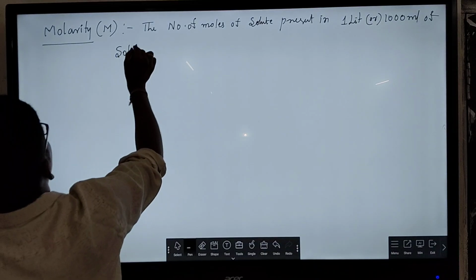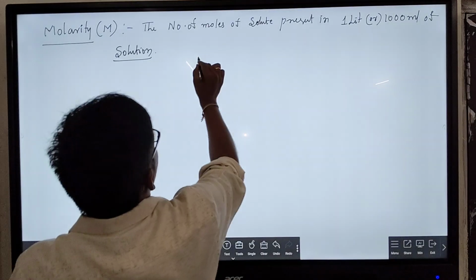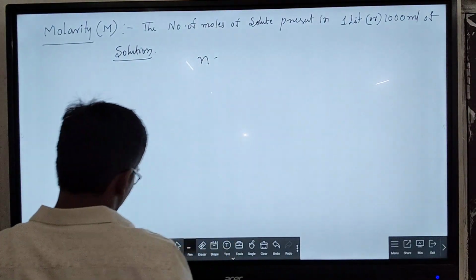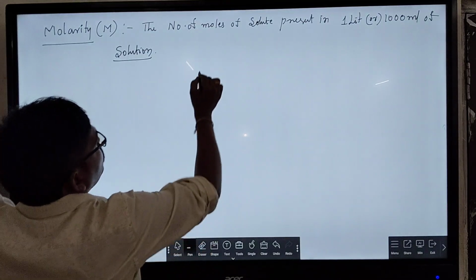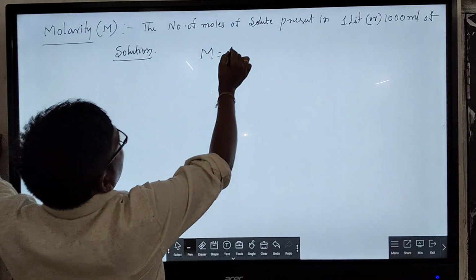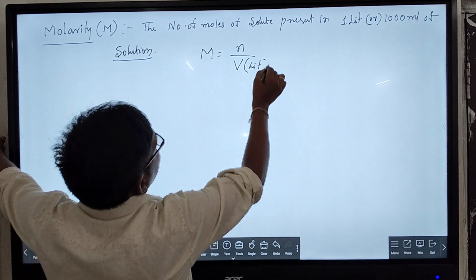So molarity equals the number of moles divided by the volume in liters.